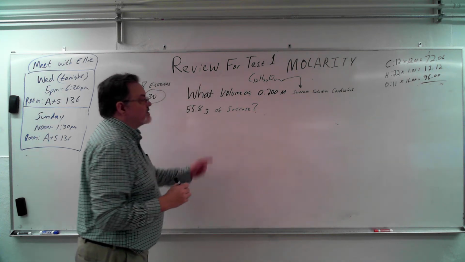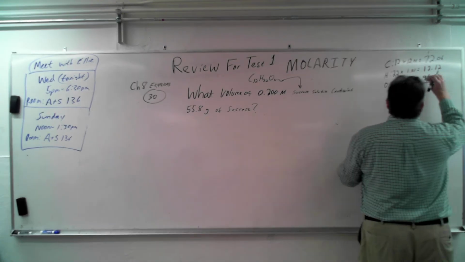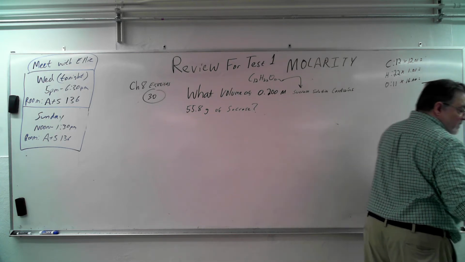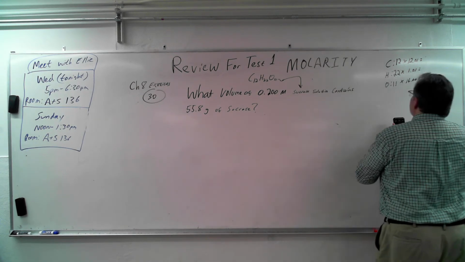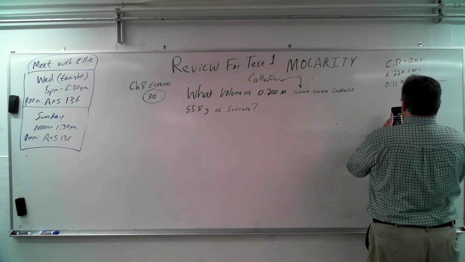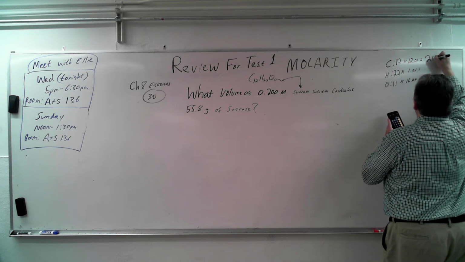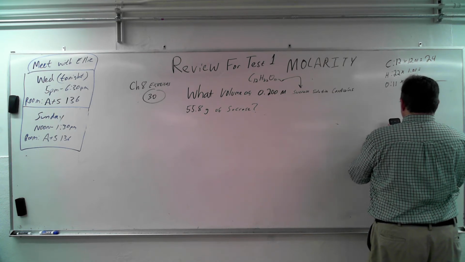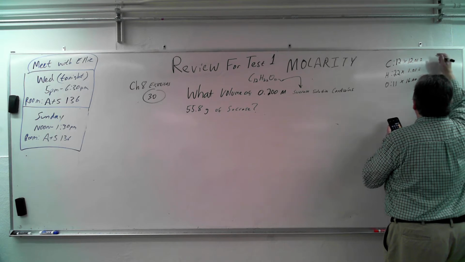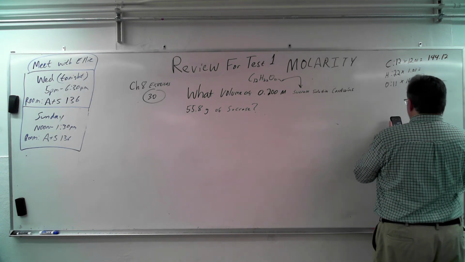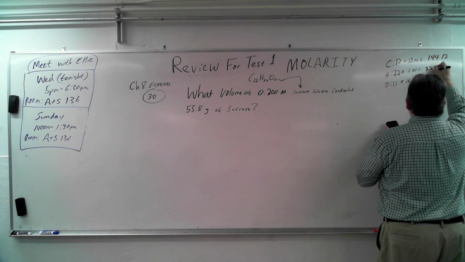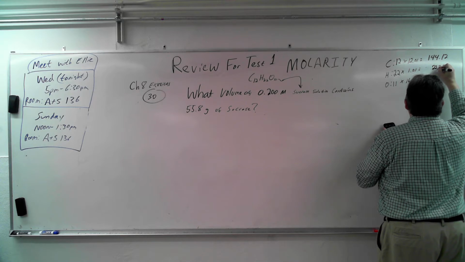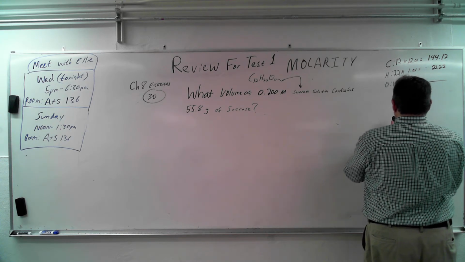Grams of sucrose is mentioned, so we're going to need this. And again, I might just give you the grams per mole. If it's something small, maybe I won't, but 12 times 12.01, 22 times 1.01, 16 times 11.